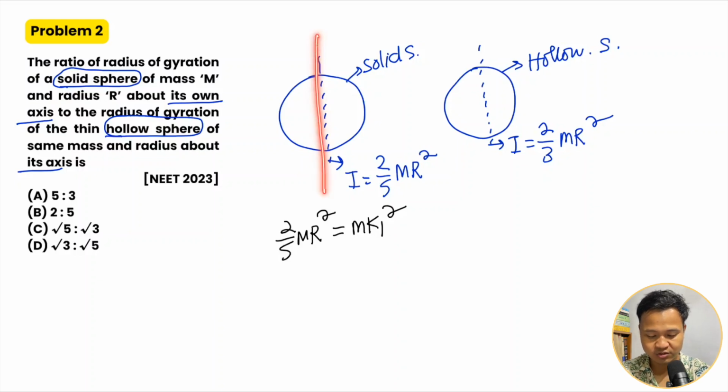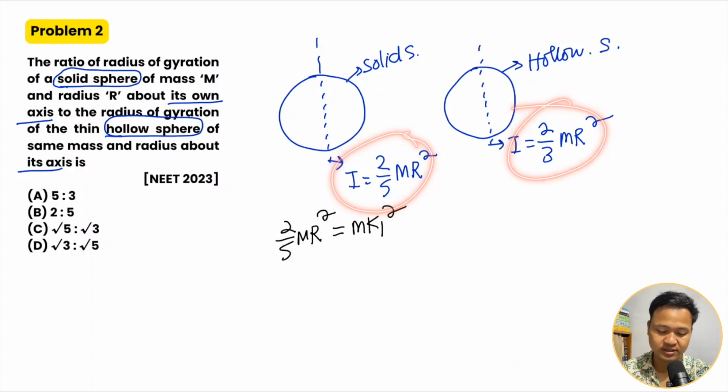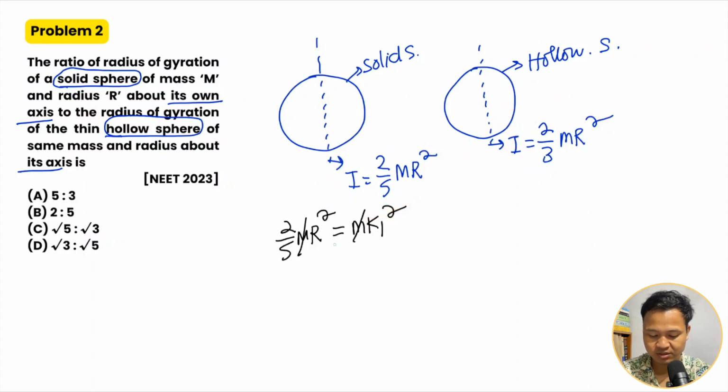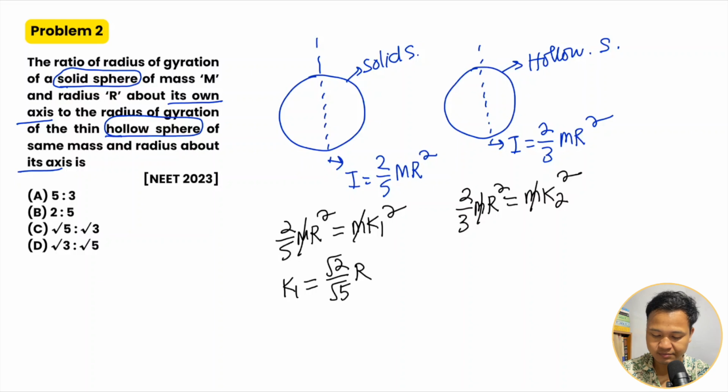About its own axis, so you have to find out the moment of inertia about the given axis. These are direct formulas, direct results. m gets cancelled out, so k1 is root over 2 by 5 times r, that is root 2 divided by root 5 into r. Now for hollow, 2 by 3 m r square is equal to m k2 squared, m gets cancelled, so k2 is root 2 divided by root 3 into r.